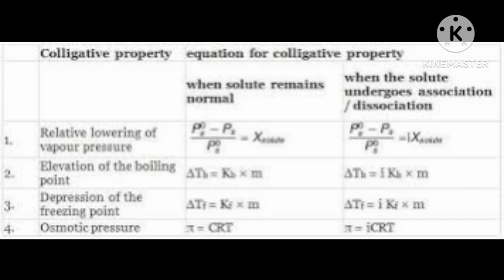And third, total number of moles of particles after association or dissociation divided by number of moles of particles before association or dissociation. Correct? All are related to i only, meaning I can find i in these three ways.